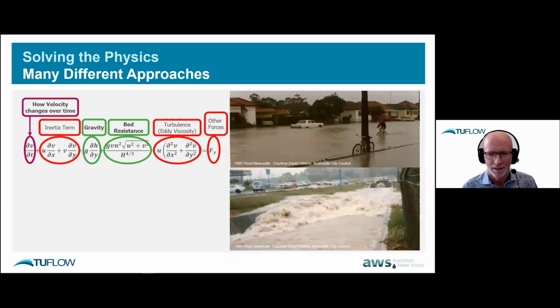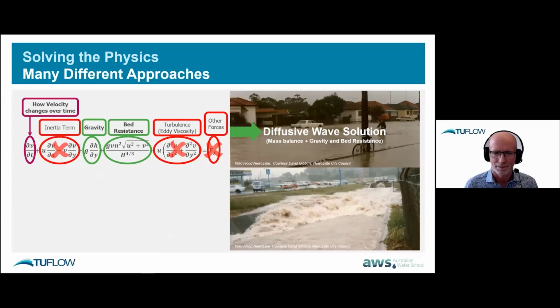So in the top right hand one there, you can basically get rid of the inertia term, get rid of the turbulence term, and you don't need any other forces. What you end up with is what we call the diffusive wave solution, which is mass balance plus gravity plus bed resistance. So basically gravity is pushing the water down and the bed is resisting that to some degree.